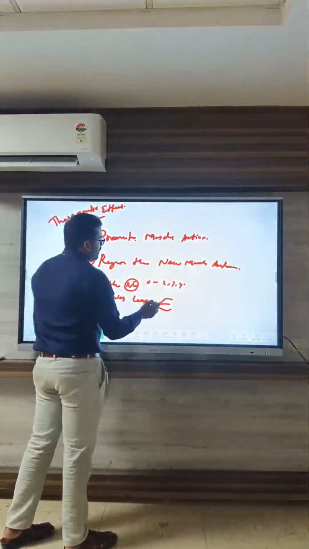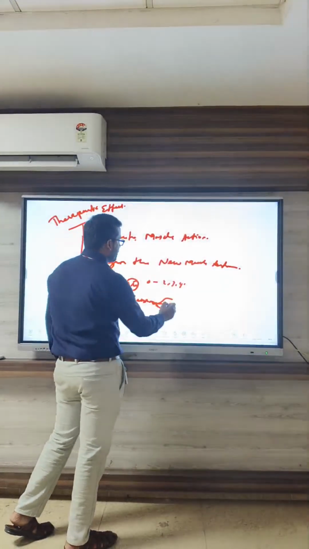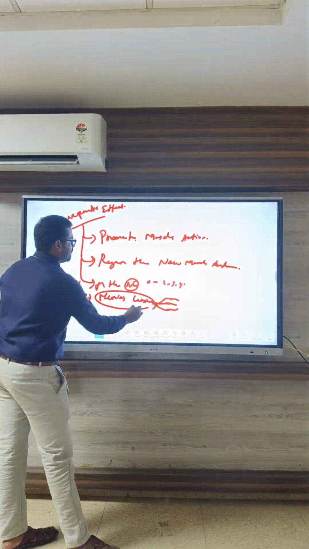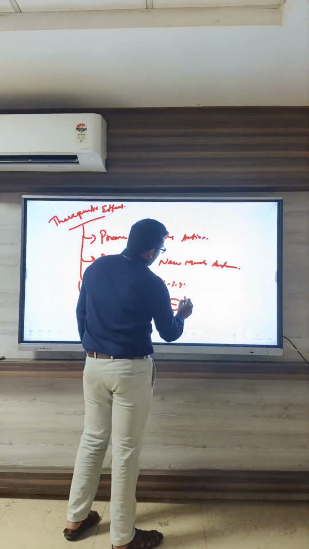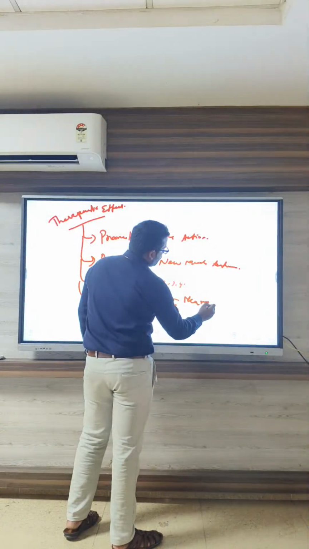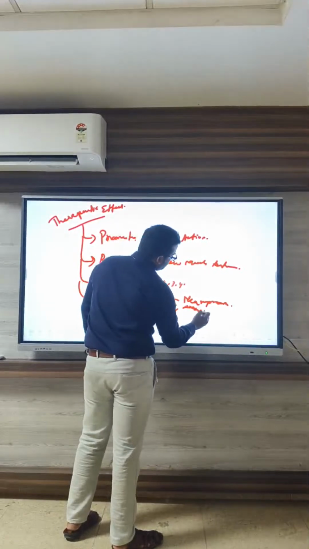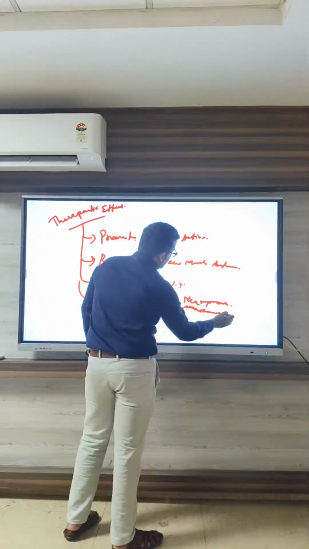Based on Sunderland's classification and Seddon's classification, there are three types of nerve lesions: neuropraxia, axonotmesis, and neurotmesis.